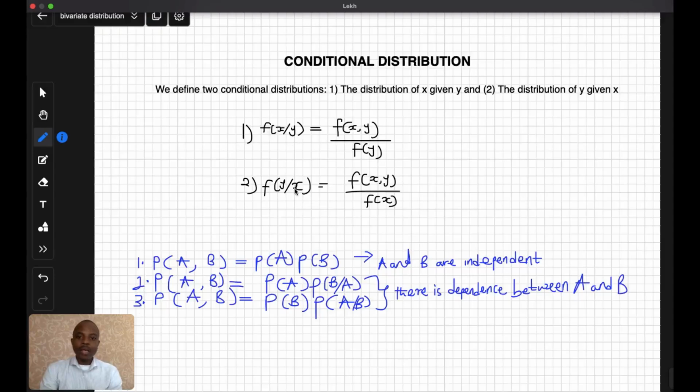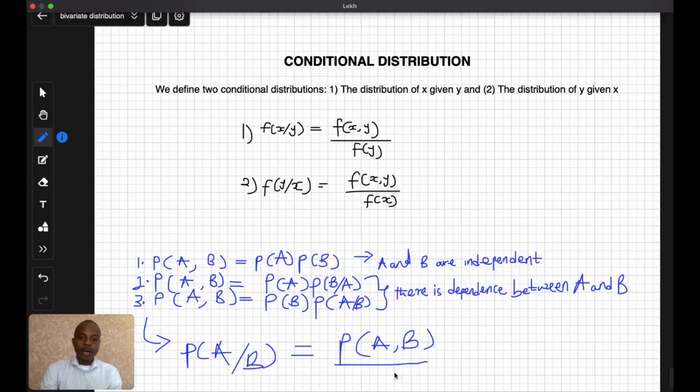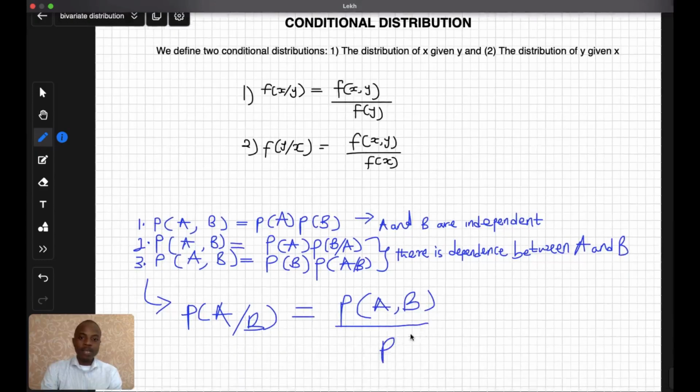Now you see that it's just a matter of changing the subject of the formula. For instance, number 3 would become probability of A given B equal to the probability of A, comma B. And don't forget, we use intersection in place of comma when dealing with probability, but to understand what we are doing in this case, you can just leave it this way.